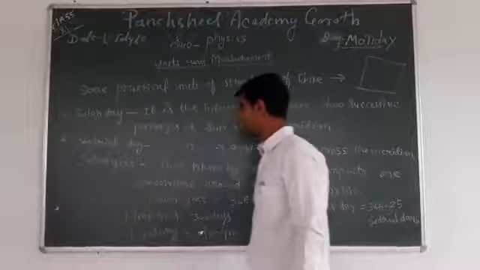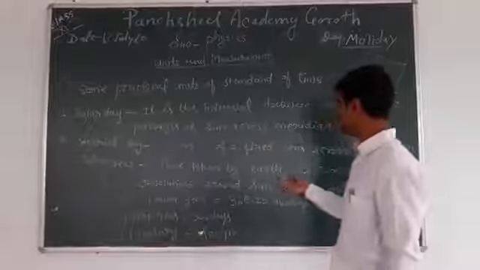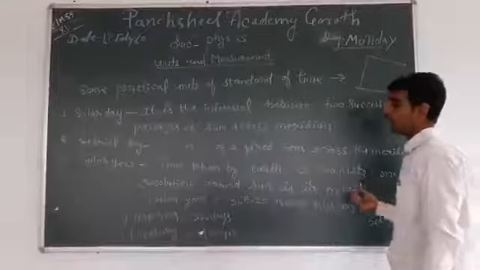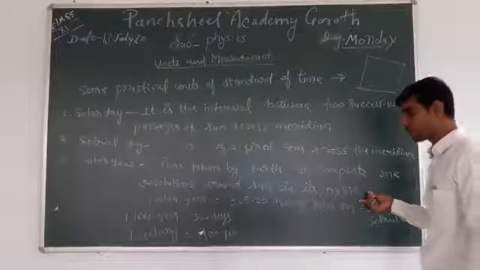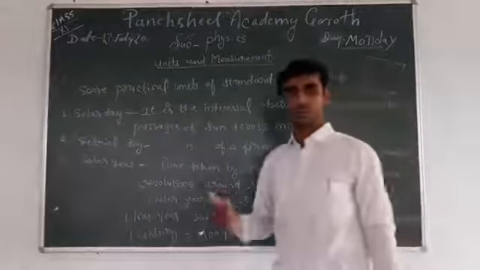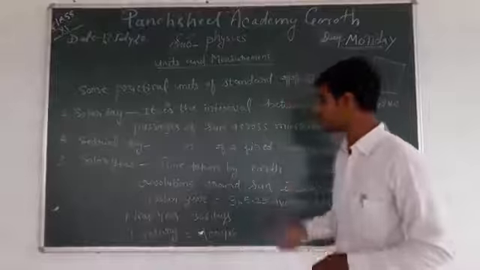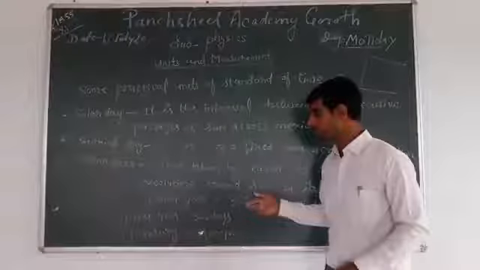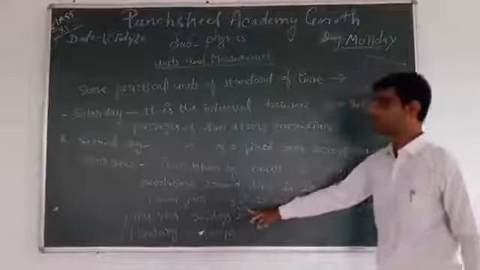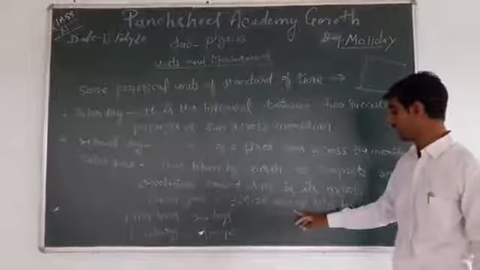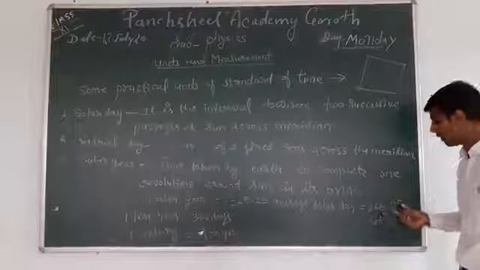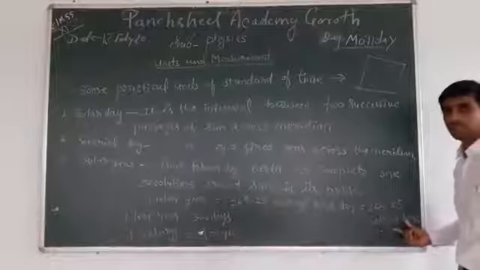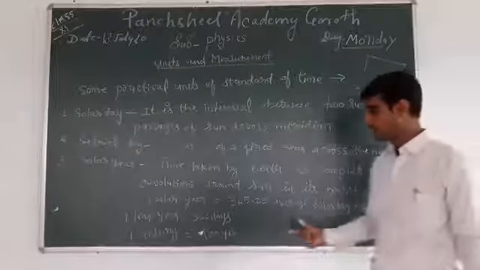One solar year equals the time taken by the Earth to complete one revolution around the sun in its orbit. The time required for the Earth to complete its revolution around the sun is known as a solar year. So one solar year equals 365.25 average solar days or 366.25 sidereal days.